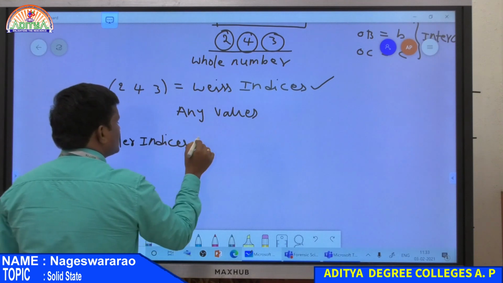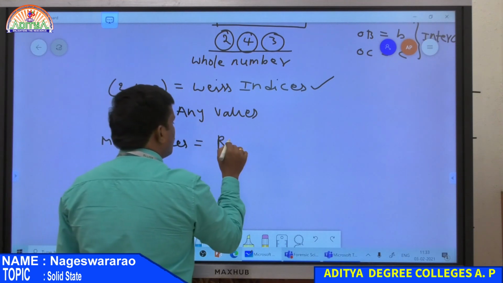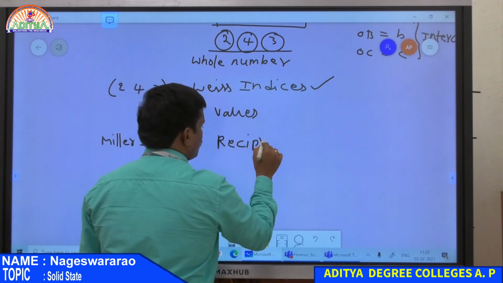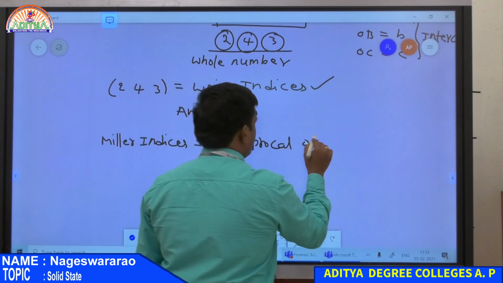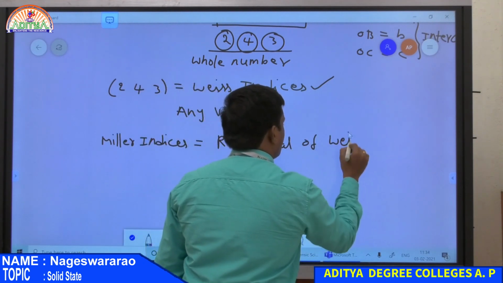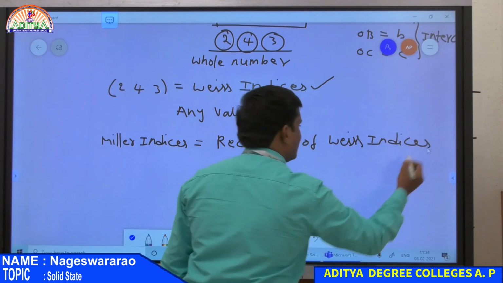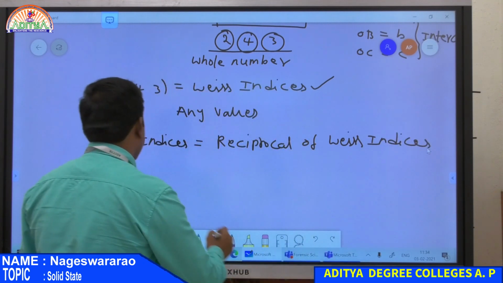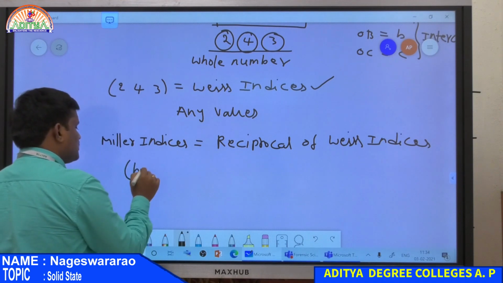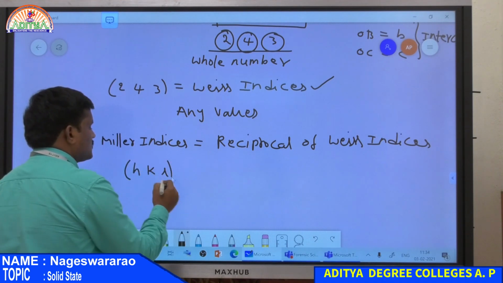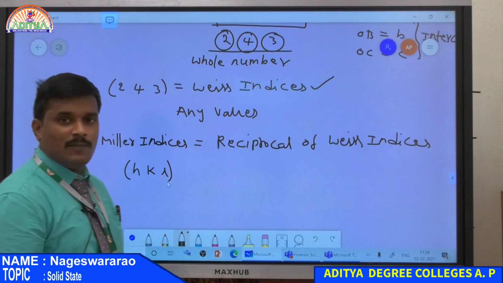Miller indices are simply the reciprocal of Weiss indices. The reciprocals of Weiss indices are known as Miller indices, and Miller indices are denoted by HKL. So this is the representation of Miller indices.